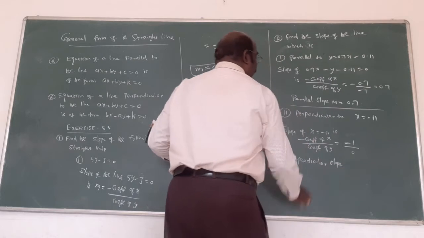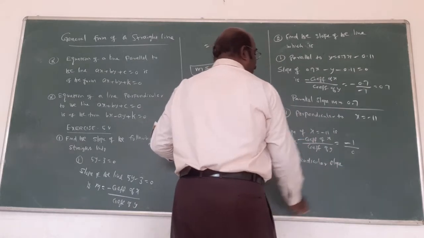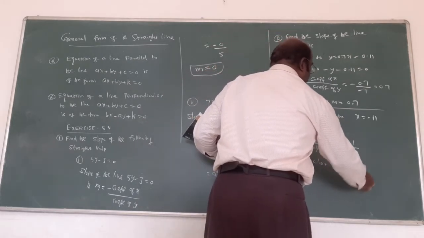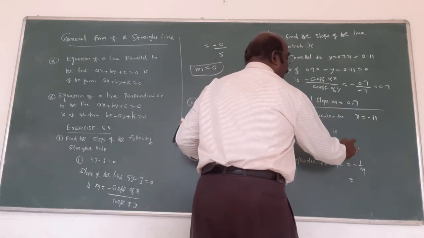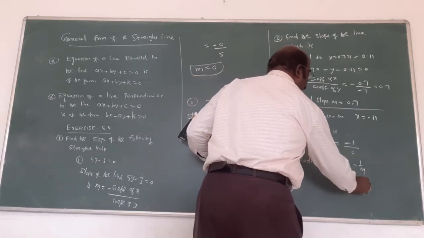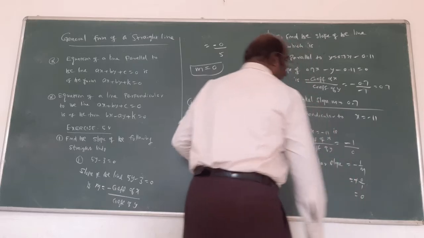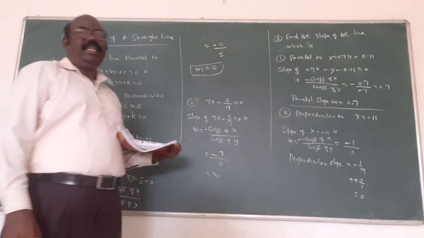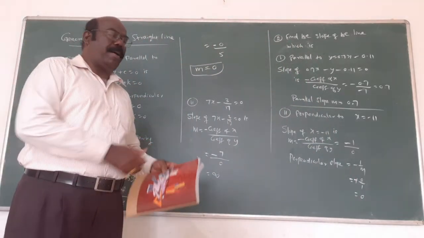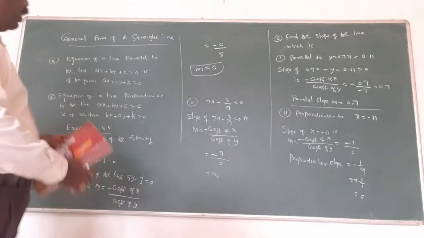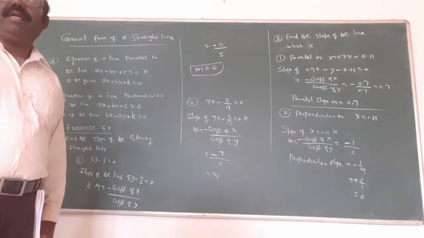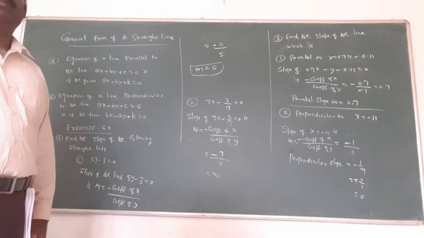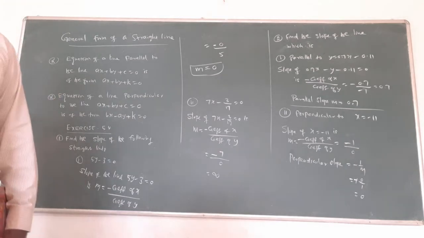So, actually this is m. Perpendicular means equal to minus 1 by m. Change the sign, equal to now change the sign, plus, 0 by 1. That is 0. That is the answer. Change the sign, and this is called the perpendicular slope. Anyway, whenever an equation is given to me, the slope formula is minus coefficient of x by coefficient of y. This is the important formula.